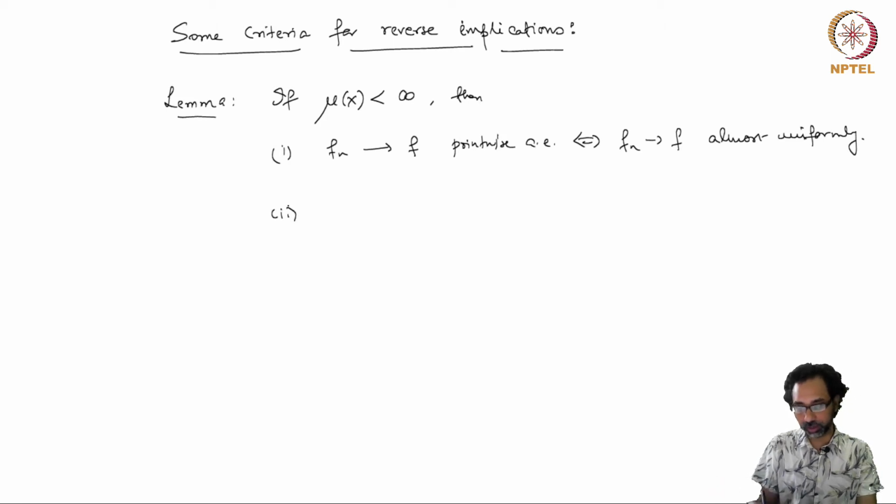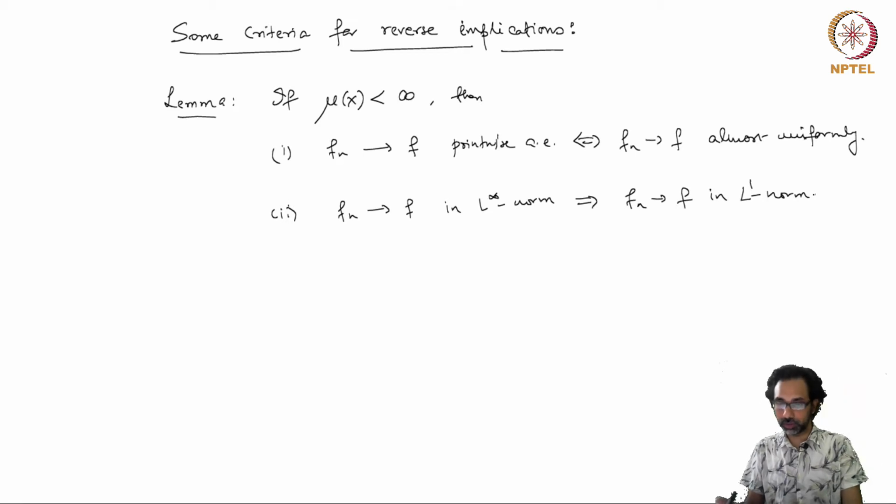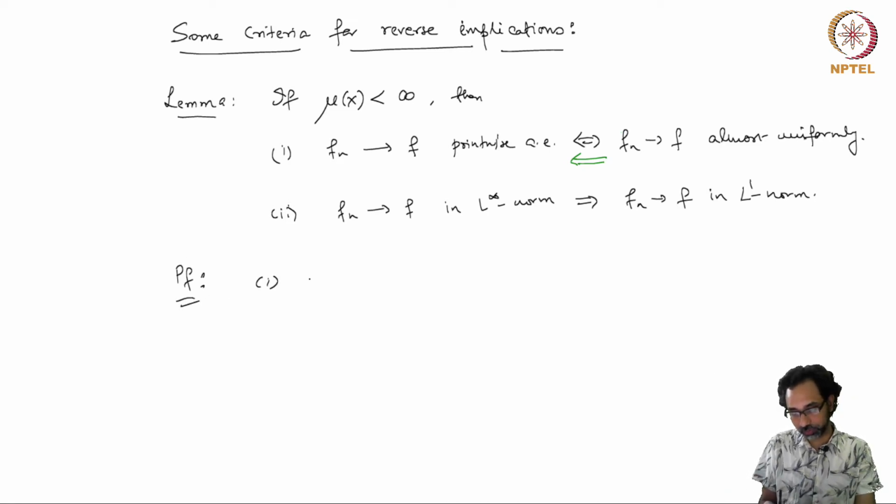And secondly, if Fn converges to F in L infinity norm, this implies that Fn converges to F in the L1 norm as well. Of course, this implication we had already seen, and so this lemma says that when the measure space has finite measure, then the forward implication also holds, and this is precisely for the first part.